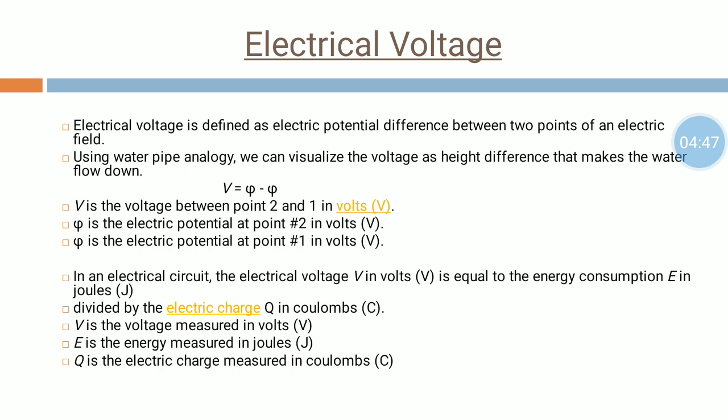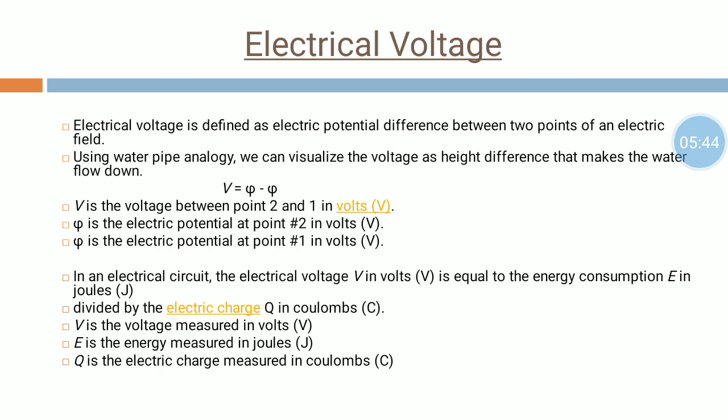In an electrical circuit, the electrical voltage V in volts is equal to the energy consumption E in joules divided by the electrical charge Q in coulombs.